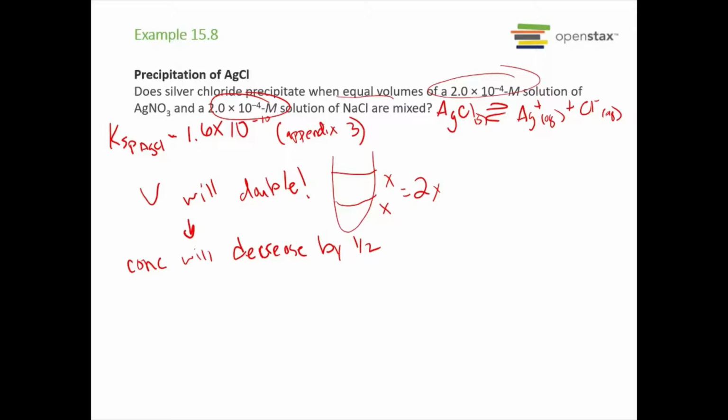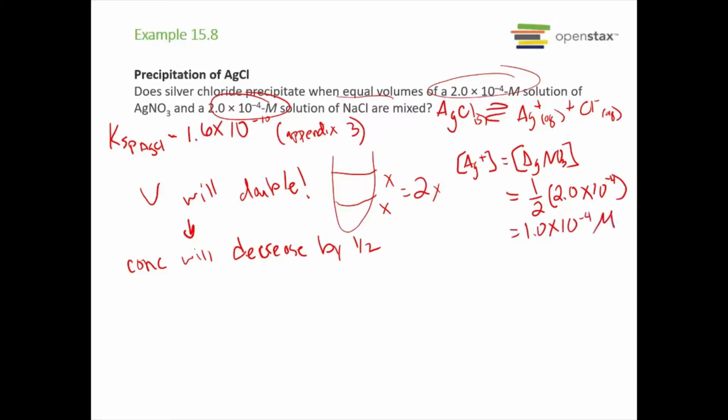So now our concentration of silver ion is equal to the concentration of silver nitrate, and that is equal to 1/2 times 2 times 10 to the negative fourth, which equals 1 times 10 to the negative fourth molar.